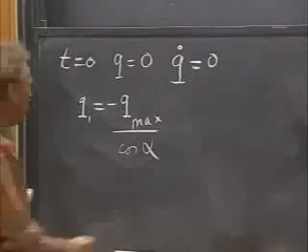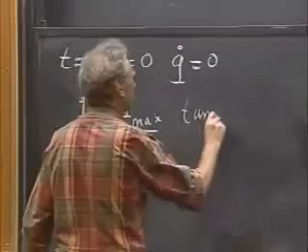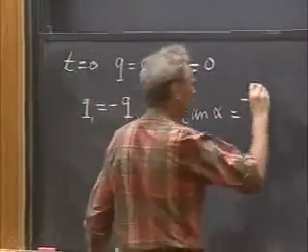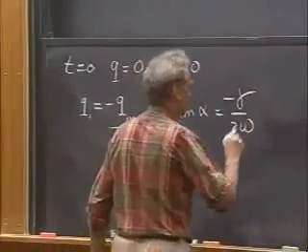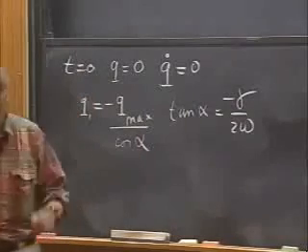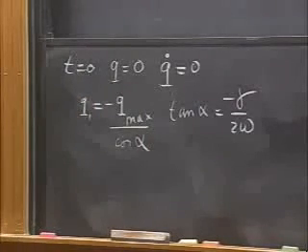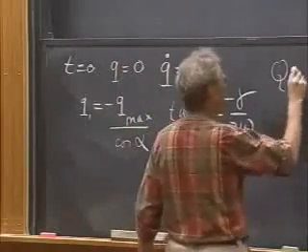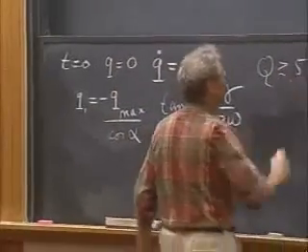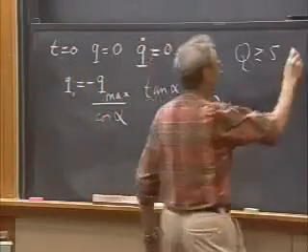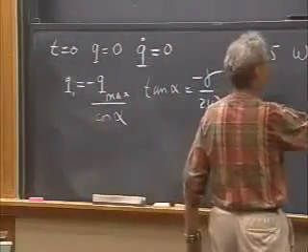And you'll find that the tangent of alpha equals minus gamma over 2 omega. I don't have a very good feeling for these numbers, but what I do have a good feeling for is that I know when Q, say, is larger or equal to 5, then I know that omega is very close to omega 0.